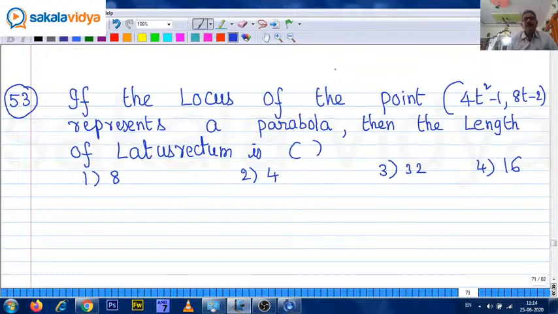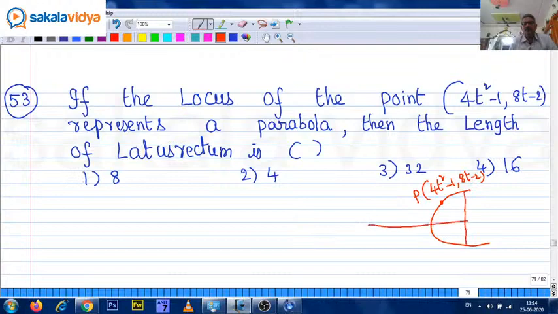Right now, see, this is the parabola. For example, a point given. So the point is 4t square minus 1 comma 8t minus 2. This for example latus rectum, this axis.